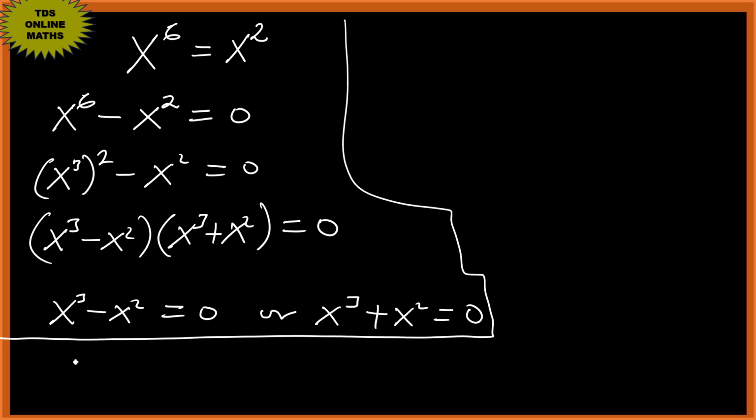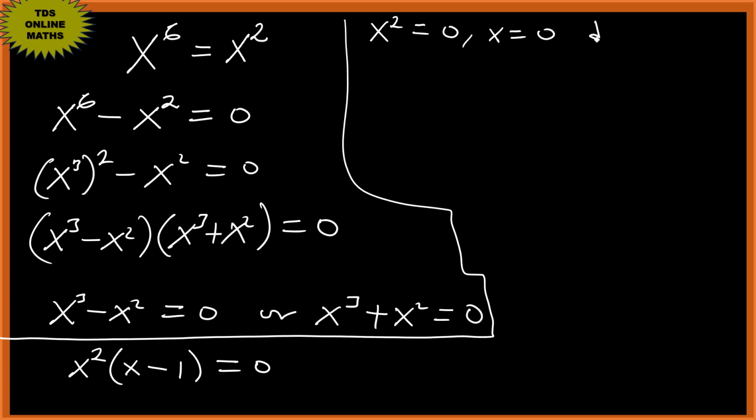I'll take x squared out, so I'll be left with x minus 1 equal to 0. So we have x squared equal to 0. Taking the square root on both sides, my x equals 0. And x minus 1 equal to 0, so x is equal to 1.